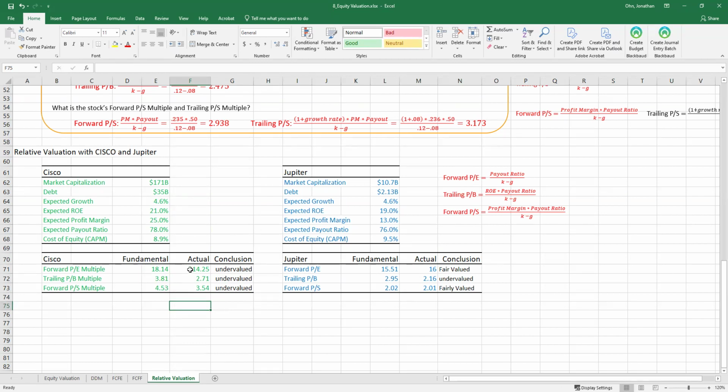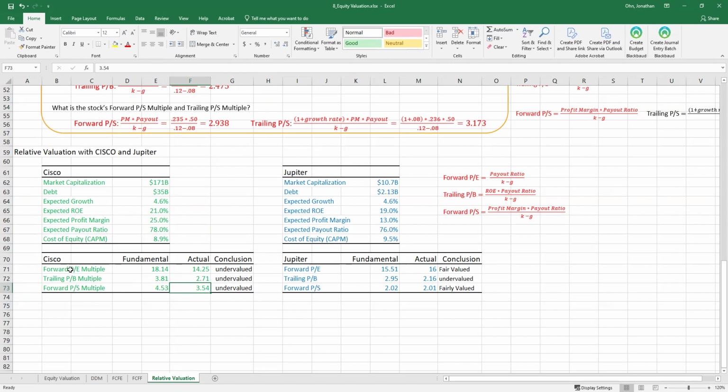If the price here, let's compare these two. The actual forward P/E ratio uses the actual price level, and it is lower compared to the fundamental. Lower means the current market price is lower, so it's underpriced. You see what I mean? This one seems to be underpriced, and this one same thing, and this one same thing.